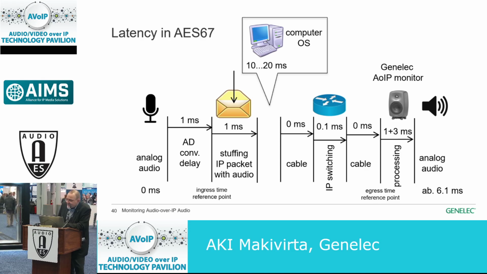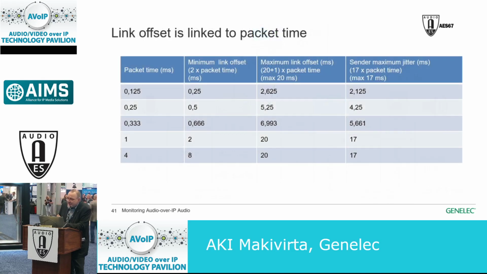And the AES67 standard is describing how these different concepts related to delay link together. I'll just show you a table that comes out of the AES67 standard, where you can see on the left column the packet time. Packet time is the amount of audio that you can stuff into a single IP packet.